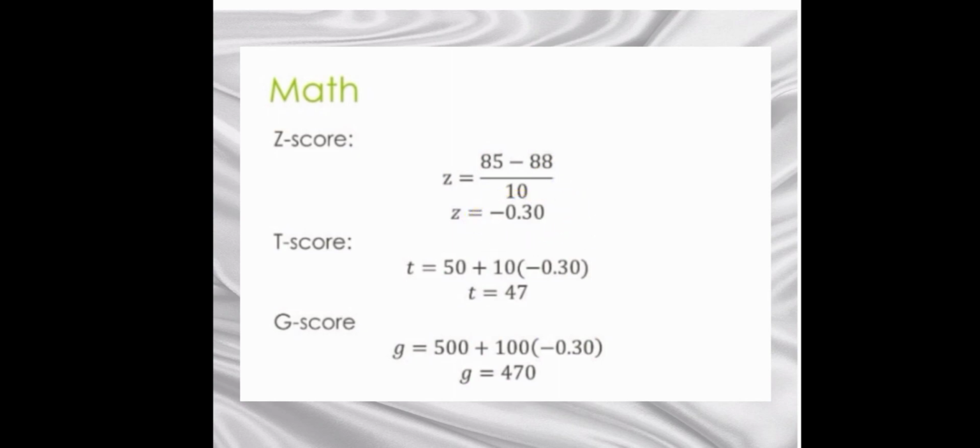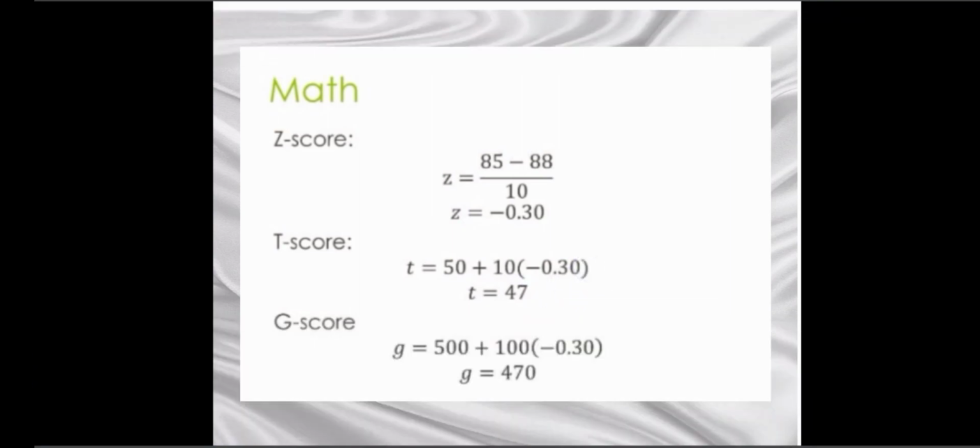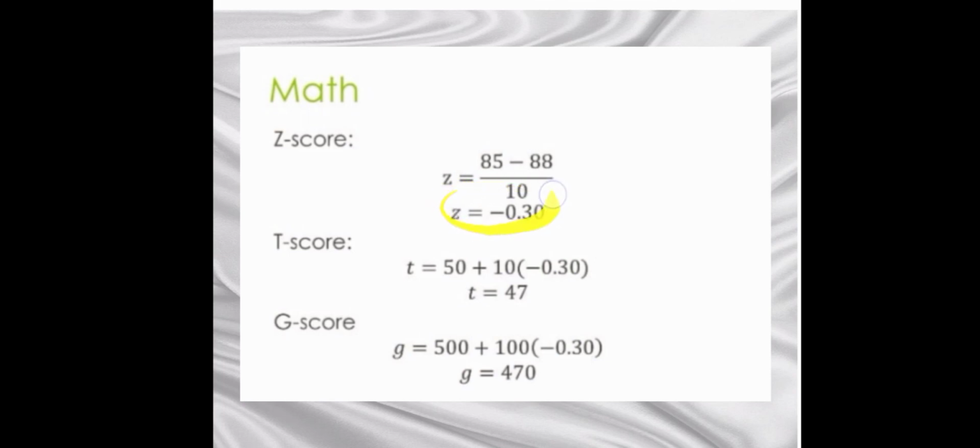So the t-score, the mean is 50 and the standard deviation is 10. So the negative 0.30 came from the z-score, and if you solve this all together, the total is 47, and 500 plus 100 times negative 0.30, the total is 470.